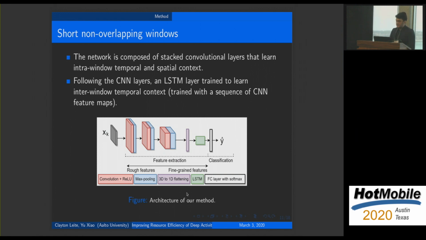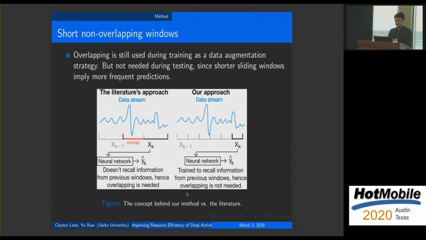So this is the core idea of how to utilize short non-overlapping windows. And here, we still use overlapping as a data augmentation in the training, but during testing, since we have shorter sliding windows, we can actually have predictions more often, so we don't need overlapping here.